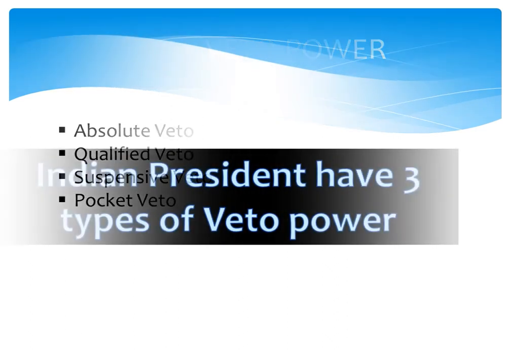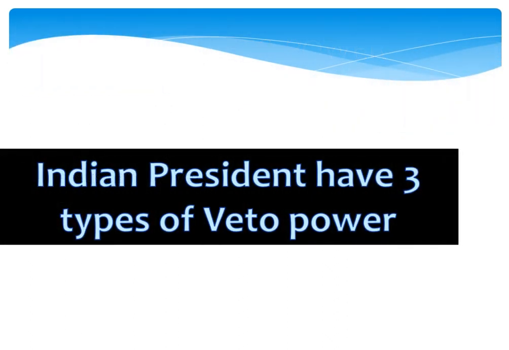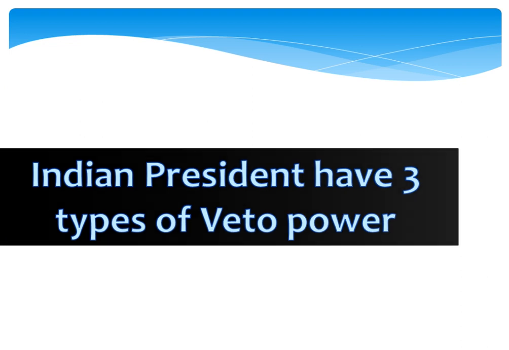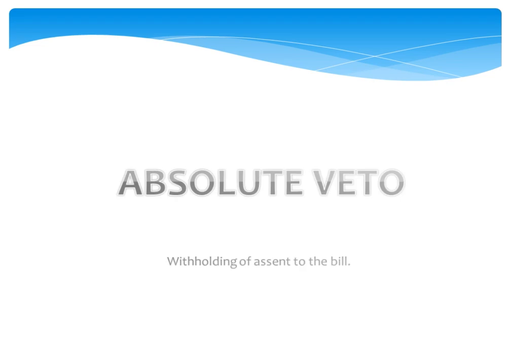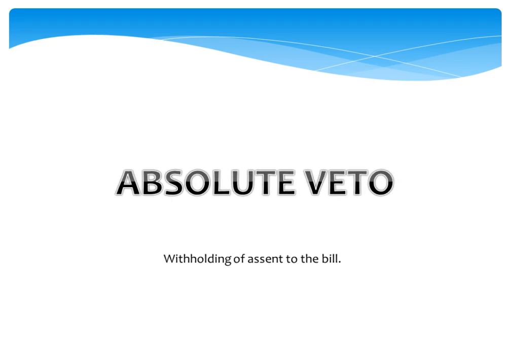Let's start with absolute veto. Like I already mentioned, the Indian president has 3 types of veto powers. So first, absolute veto. What is absolute veto? First thing, when the president uses his power, let's suppose Lok Sabha and Rajya Sabha pass the bill.